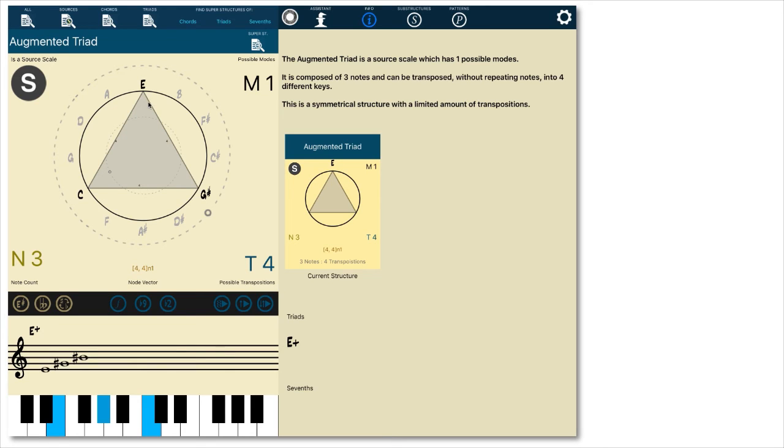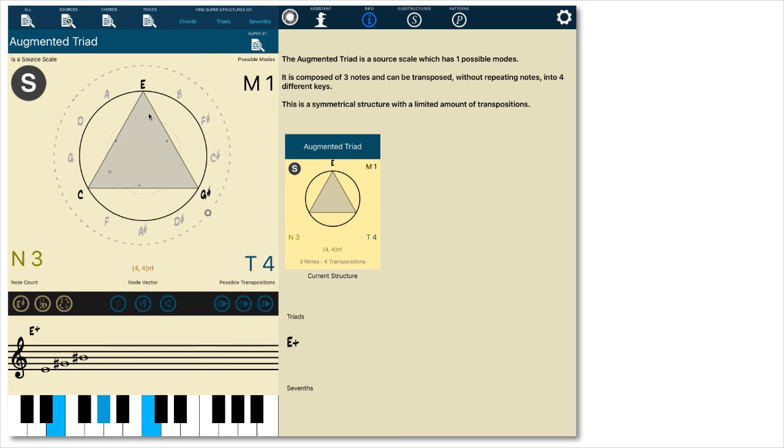It is true we can call it C augmented or E augmented or A flat augmented, but they are exactly the same sets of notes with the same sound. So as you can see, there are only 4 possible different transpositions of the augmented triad.